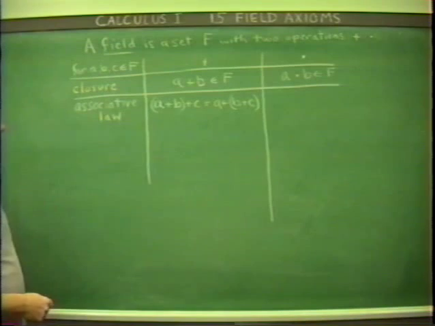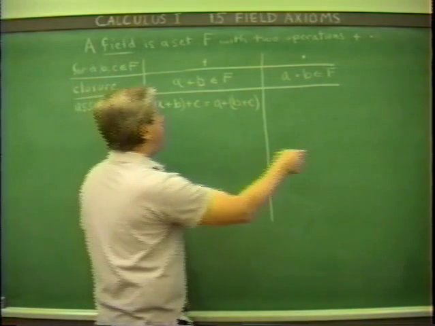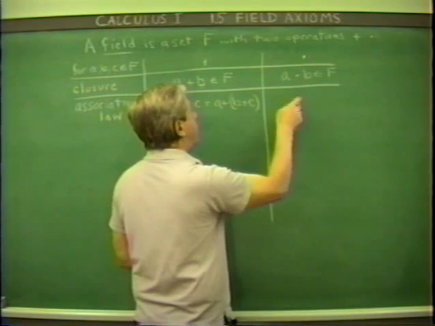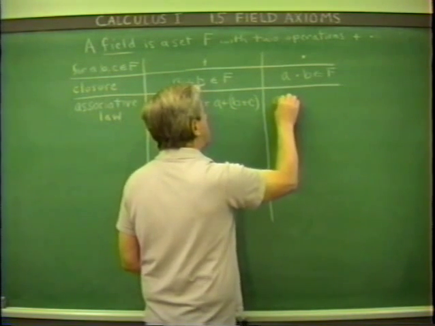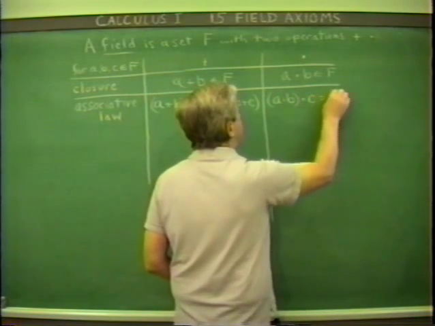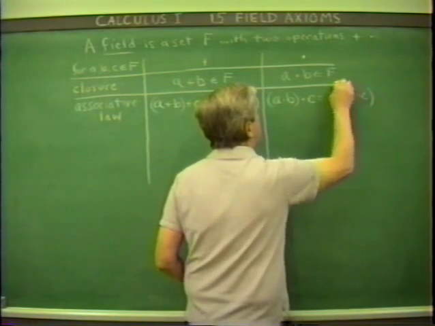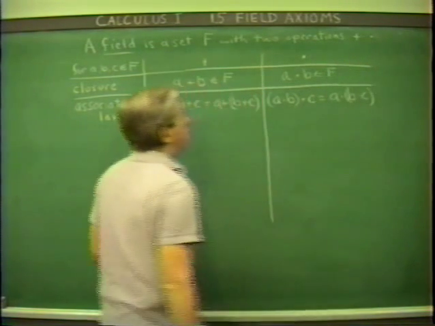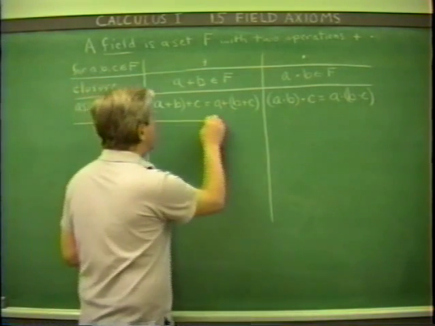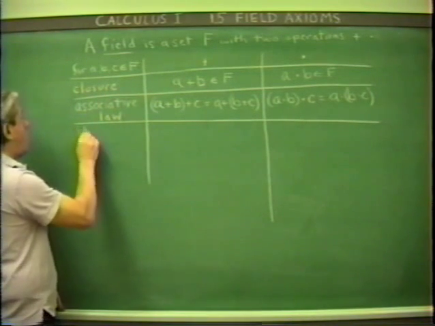This is the associative law for addition. That's to say, if you take A and add it to B and add that to C, you get the same thing as if you take A and add it to what you have if you take B and add it to C. Likewise for multiplication: (A times B) times C is equal to A times (B times C). The associative law. There are identity elements.